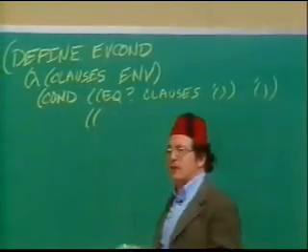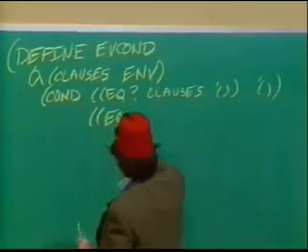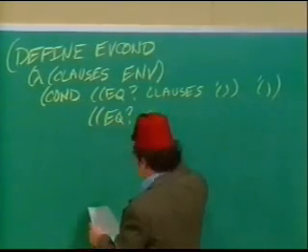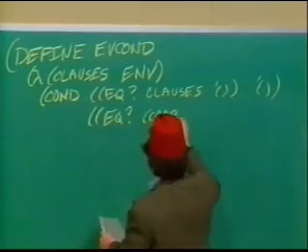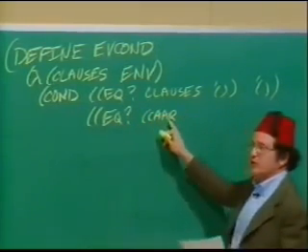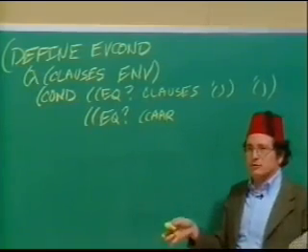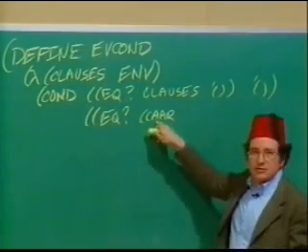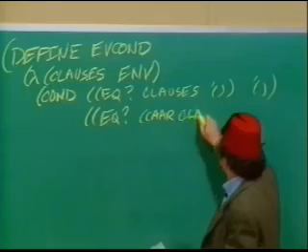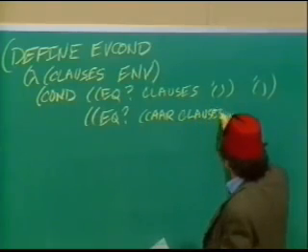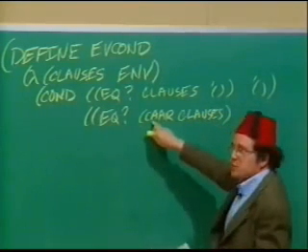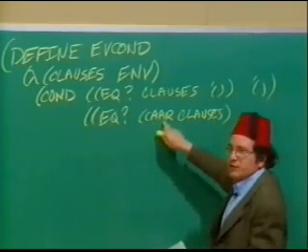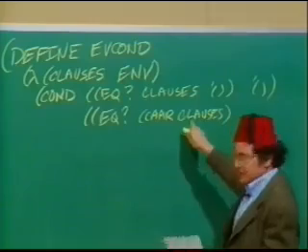But the interesting things are the following ones. If I've got an else clause, see, if I have a list of clauses, then each clause is a list. And so the predicate part is the caar of the clauses. It's the car, which is the first part of the first clause in the list of clauses. Okay?